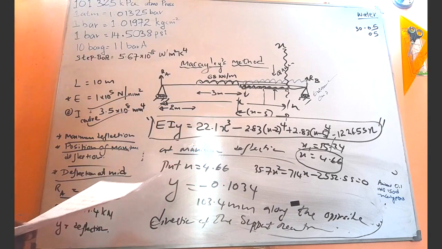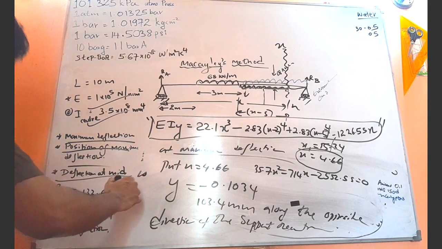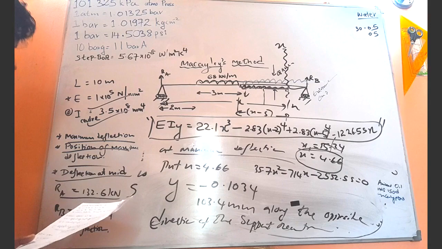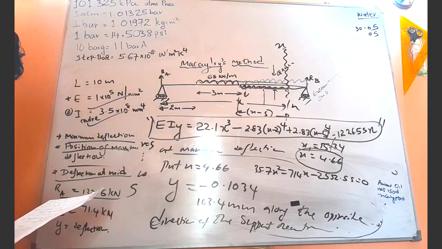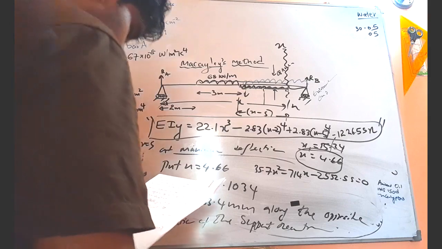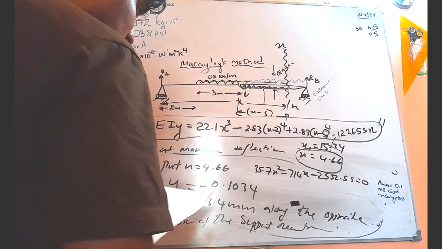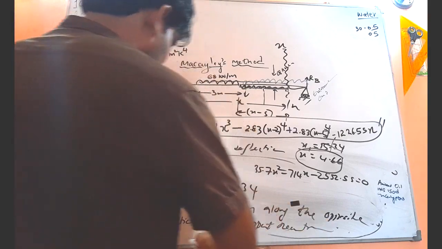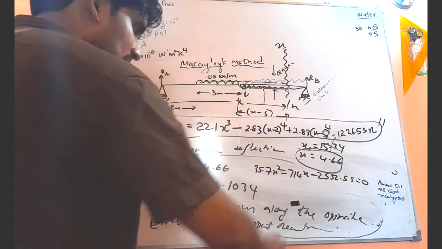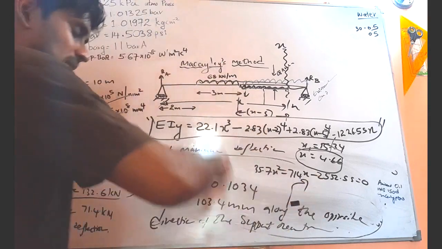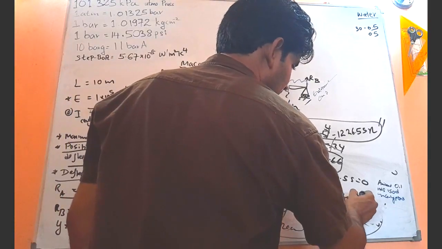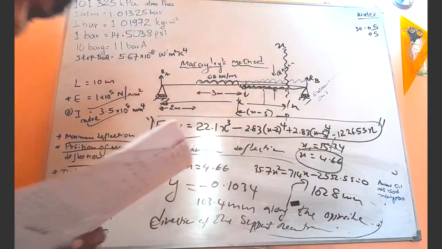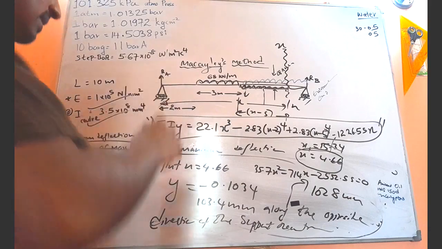The length of the beam is 10, the mid is 5, right? So again use this equation, put x equals 5. I will give the answer for that. You will also be getting a negative answer, again along the opposite direction of the support reactions. The deflection at the mid of the span is 102.8 millimeters, right? So please check your answers, right?